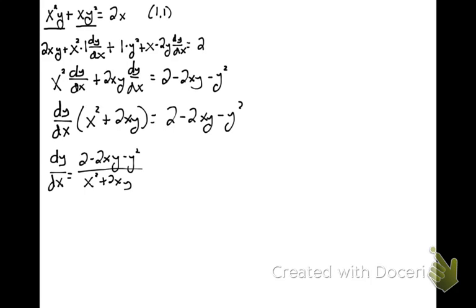And since I'm looking at the point (1, 1), this will work down to (2 minus 1) over (1 plus 2), which is negative 1/3. A lot of product rule on that problem.